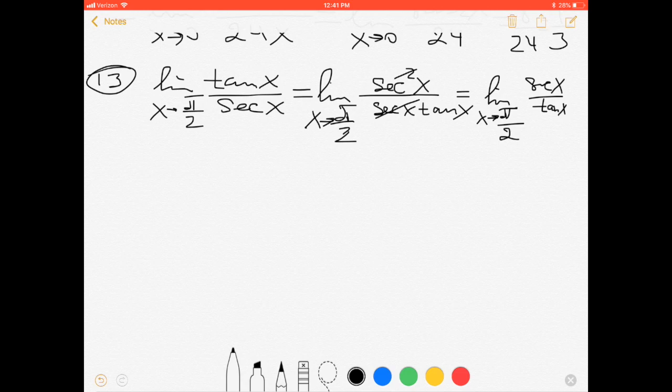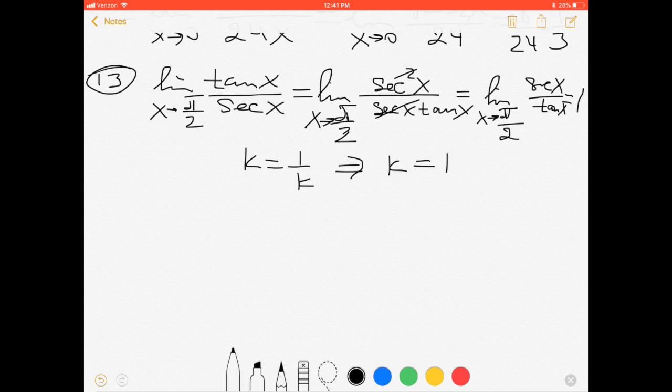And as x approaches the same number, you have secant x over tangent x. This means if this limit is k, the limit on the right part is 1 over k. In what situation does k equal 1 over k? It's possible only if k is equal to 1. This means this limit is equal to 1.